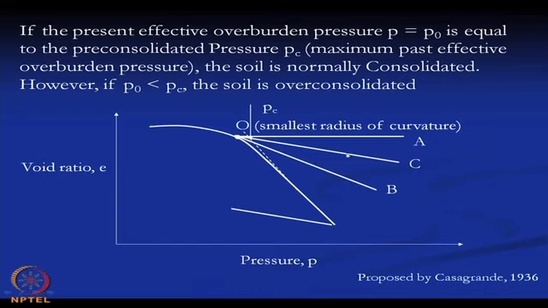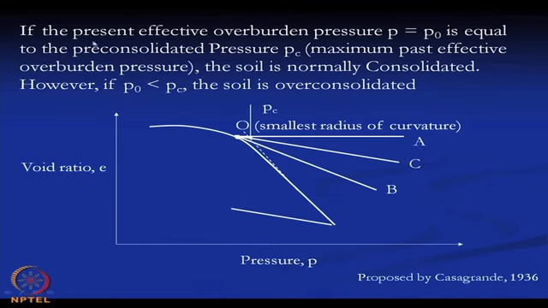Once we get the OC line, the next step is to extend the straight portion of the loading curve and identify the point where the straight portion of the loading curve and this bisector intersect. The pressure corresponding to that point is called the over consolidated pressure or maximum past effective overburden pressure.